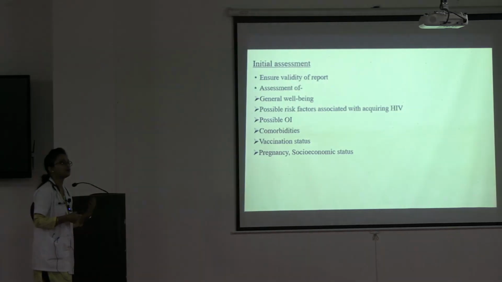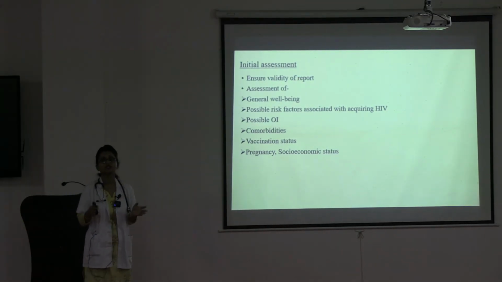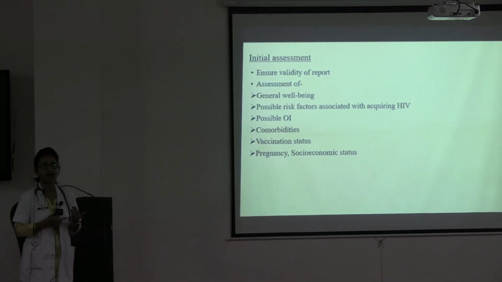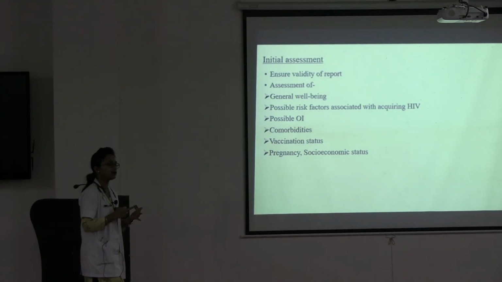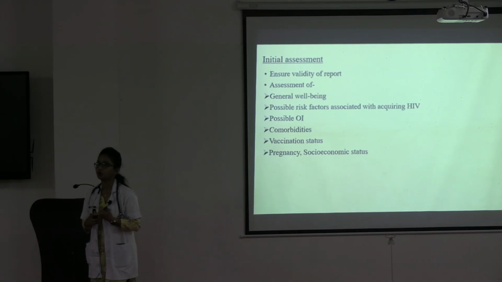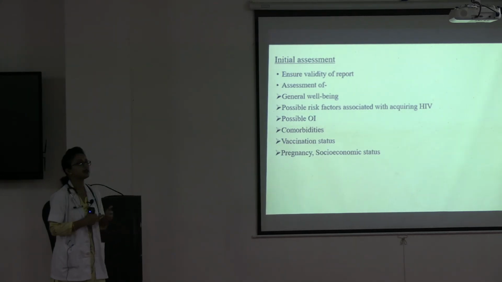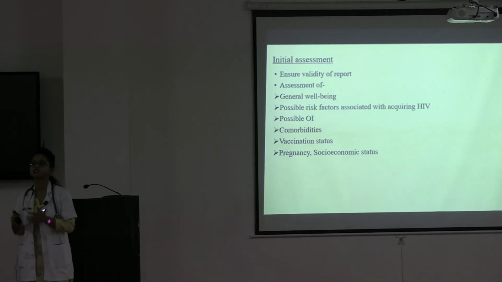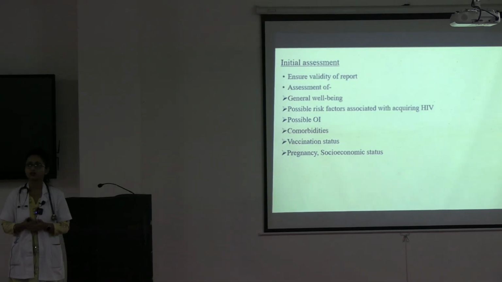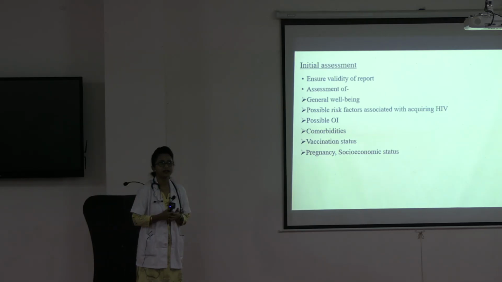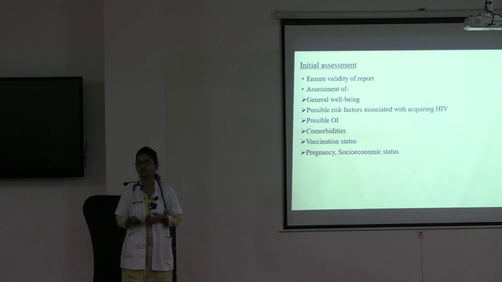Next is possible opportunistic infections that the patient might have. Okay. Next is the comorbidities like type 2 diabetes mellitus, chronic kidney disease, chronic liver disease. We have to find out all the comorbidities. Next is what is the vaccination status of the patient, whether the patient is vaccinated towards hepatitis B or not, just like that. Next is whether the patient is pregnant and the socio-economic condition of the patient.